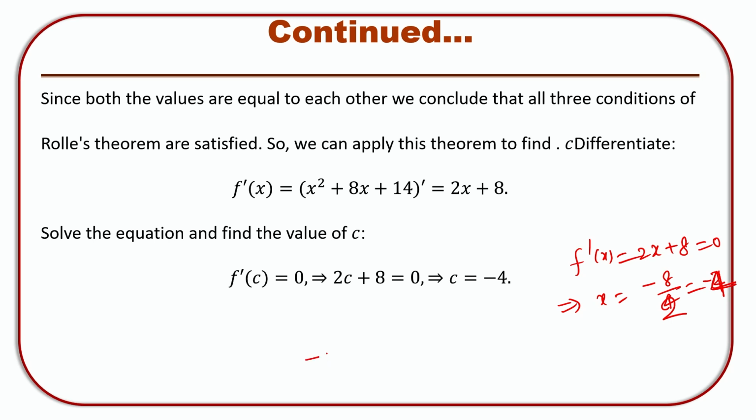So in the interval -6 to -2, there is a number C equal to -4 for which f'(-4) is equal to 0. So the C point we have already calculated as C equal to -4, and this will validate Rolle's theorem.